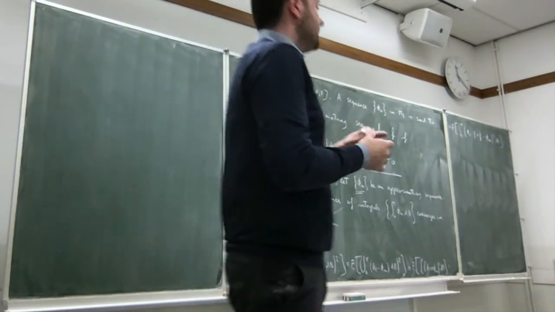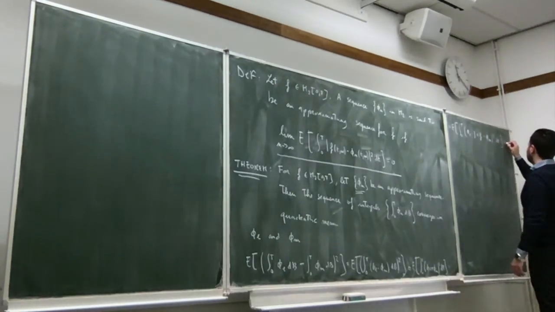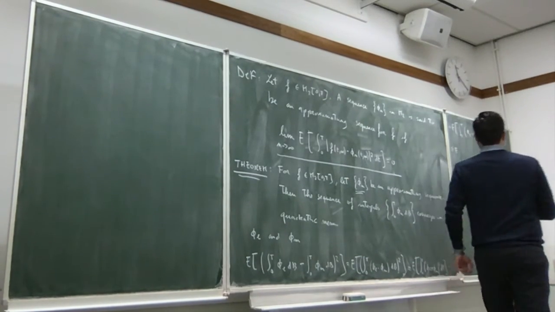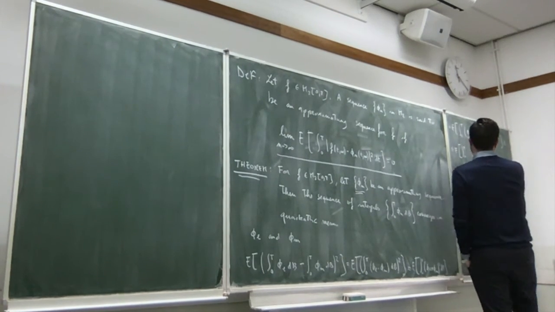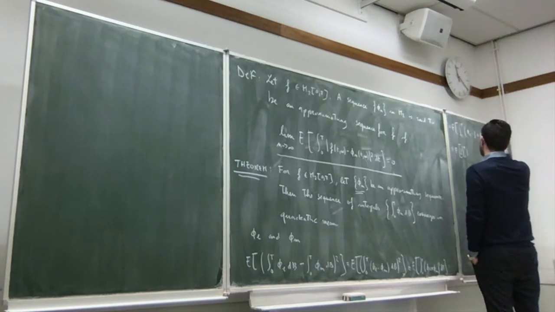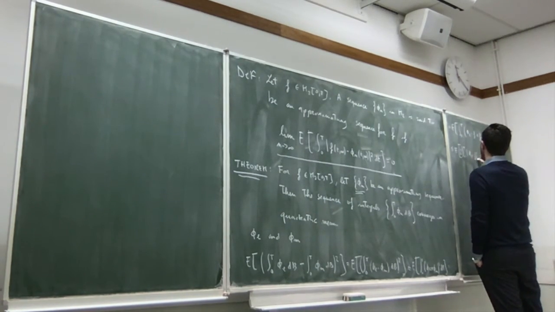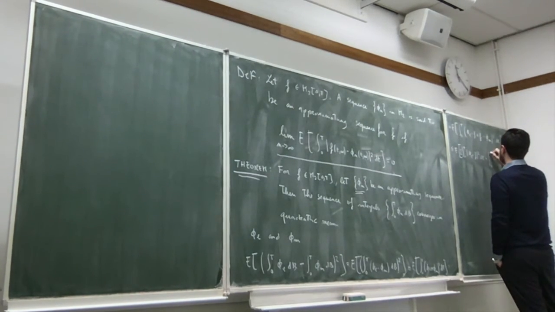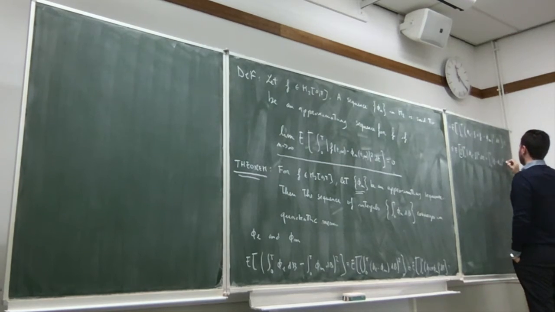But if this is the case, then this quantity is smaller than or equal to the expectation of 2 times, because I'm squaring, the integral 0 to t of phi L minus f squared dt, plus the integral 0 to t of f minus phi m squared dt.